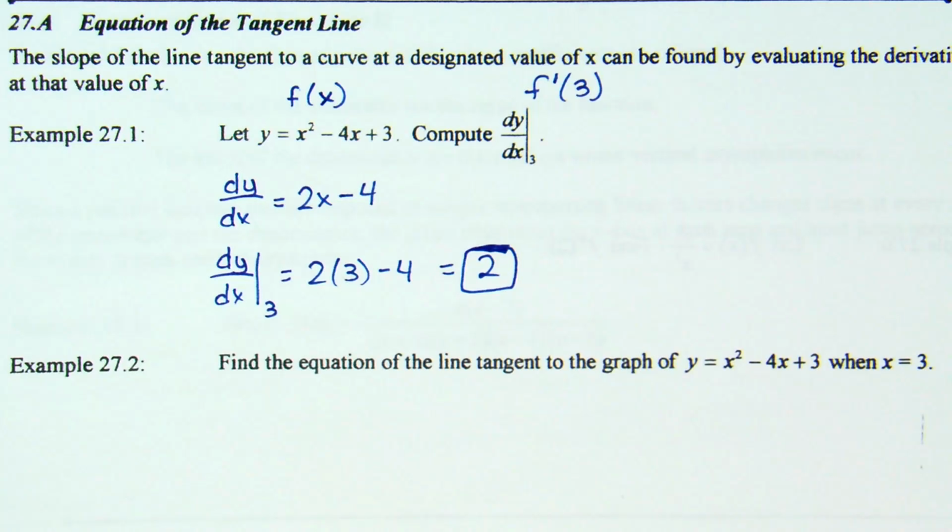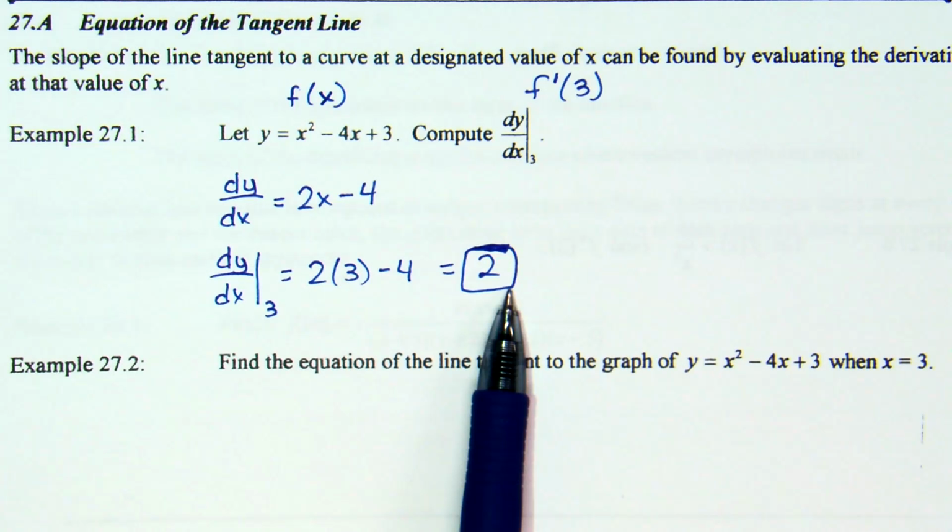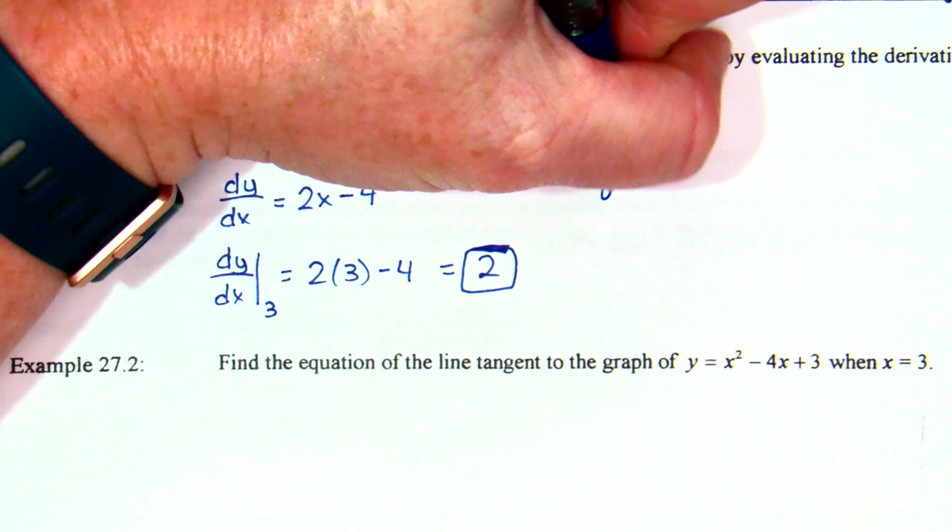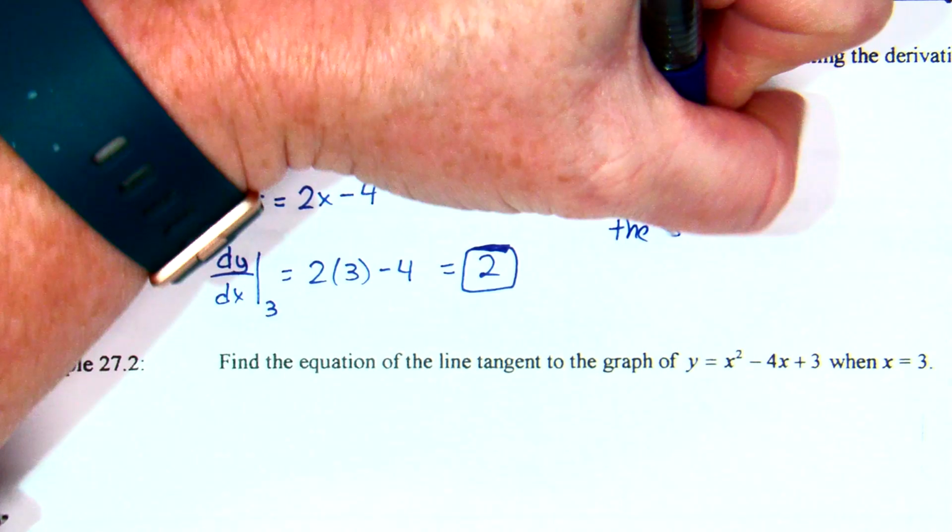So what this is telling me is that on the equation y equals x squared minus 4x plus 3, when x equals 3, the slope is 2. That's what that is saying. I might even write that in there: when x equals 3, the slope is 2.